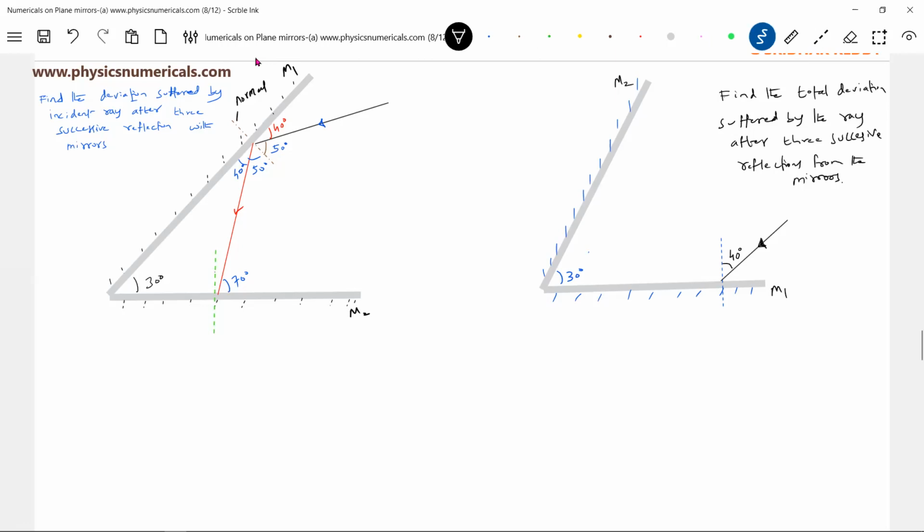This other angle should be 20. Then after reflection, what will happen to the ray? The angle of incidence should be equal to the angle of reflection. Okay, this angle must be 20 degrees.